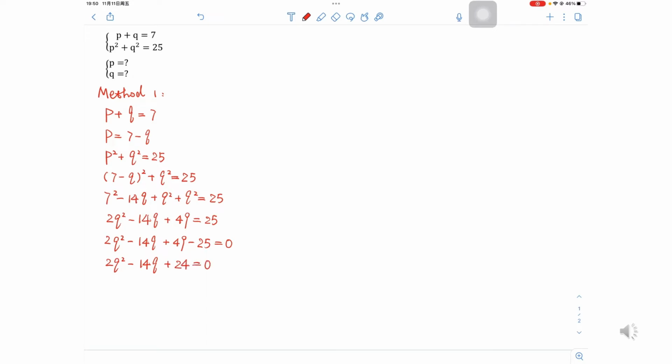Simplify, we find Q squared minus 7 times Q plus 12 equals 0. Factor the left side of the equation, we find the difference of Q and 3 times the difference of Q and 4 equals 0. Thus, Q equals 3 or Q equals 4.